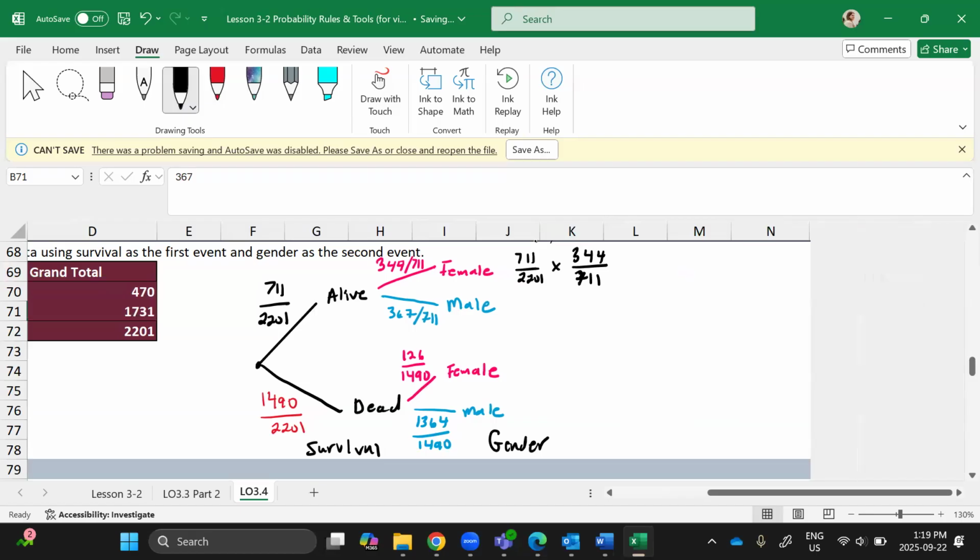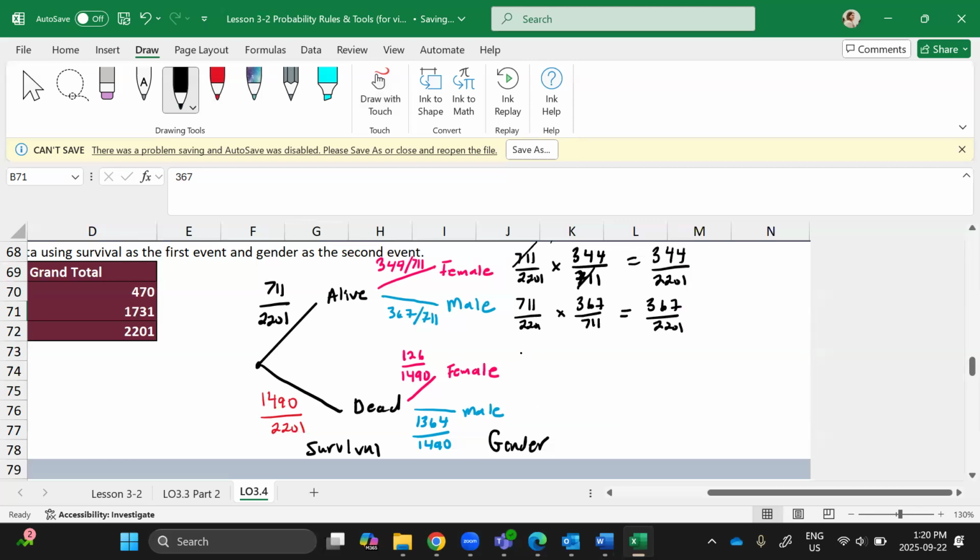Multiplying fractions, these would cancel, and we'd end up with 344 over 2,201, which is called a joint probability. And we do the same for the males, 711 over 2,201 times 367 over 711. That equals 367 over 2,201.